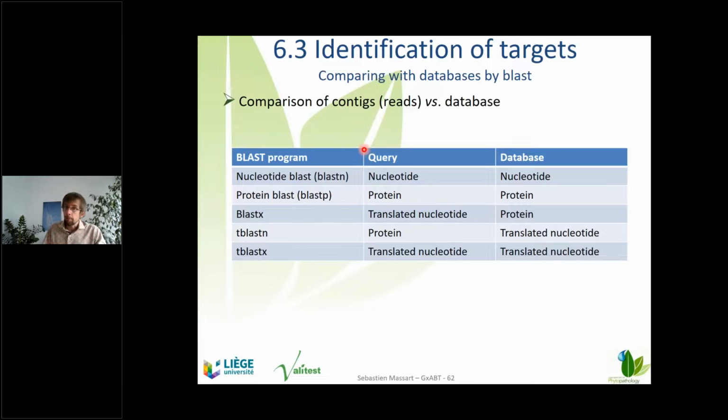It is here for information; it's not so important at this stage. It's important if you want to dig into high throughput sequencing. You have different kinds of BLAST programs. You can compare nucleotide versus nucleotide, translated nucleotide versus protein, or translated nucleotide versus translated nucleotide. Each one has its own advantages and drawbacks.